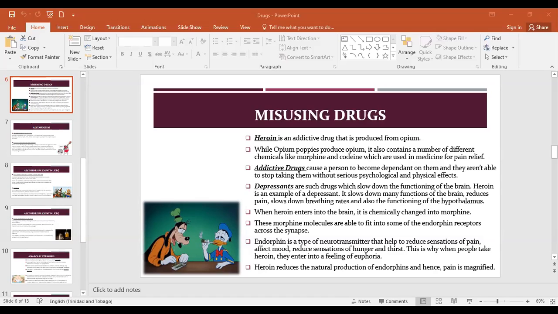Heroin is one such addictive drug, and it is produced from opium. Anything that is produced from opium is typically called opioids, and they contain chemicals like morphine and codeine that are used, in certain quantities, in medicine for pain relief.